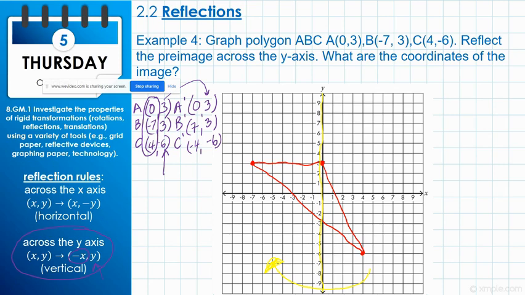So again, my A value is the same, A prime. When I reflect B, which is negative 7, 3, it becomes positive 7, 3.